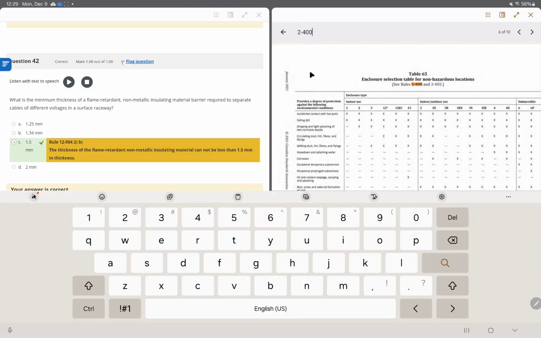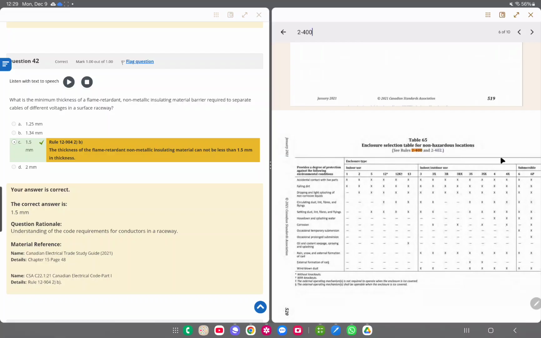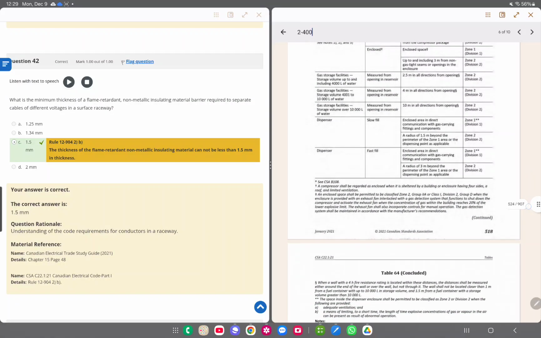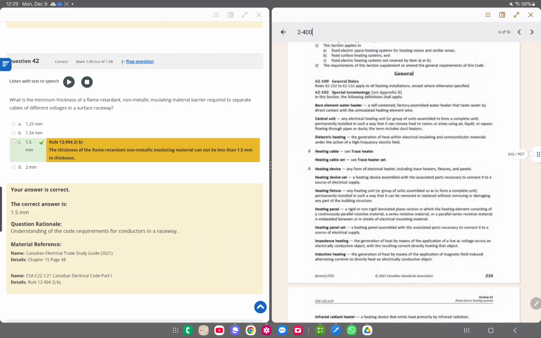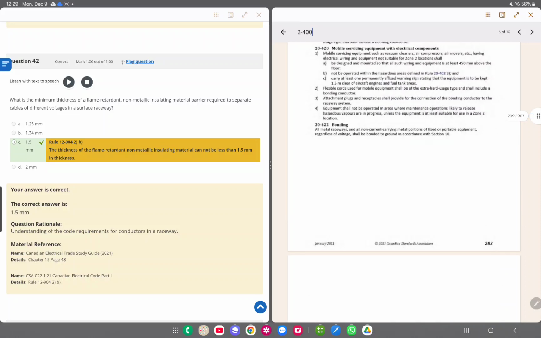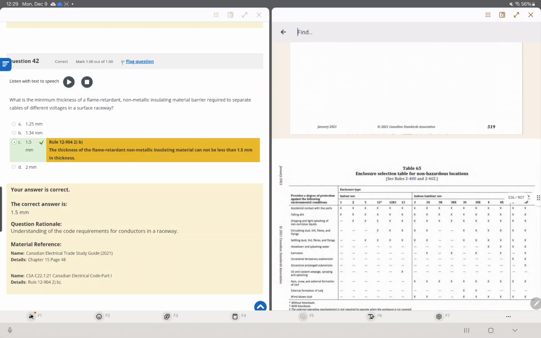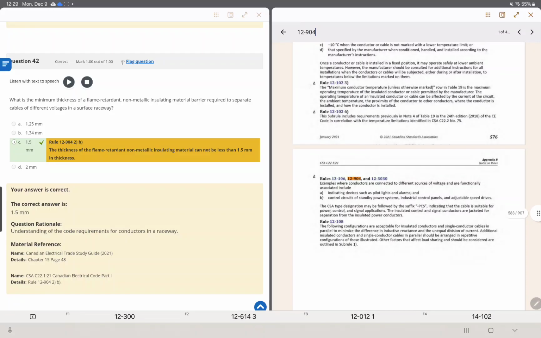We understand that raceways are in section 12, page 131. So, page 131, section 12. Rule 12-904.